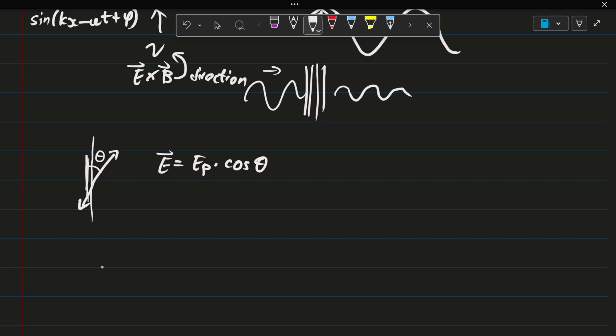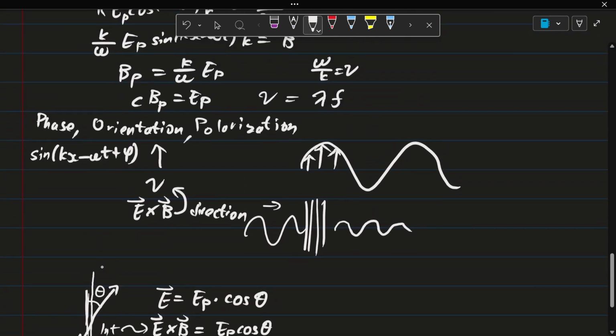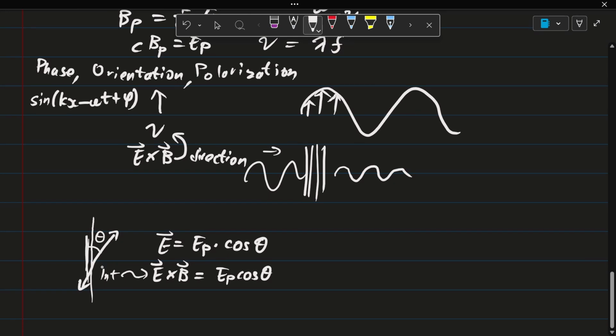Later I will discuss the power of the wave, but I will just present this straight on. If you take the E vector cross B vector, which is proportional to the intensity, from our peaks first, this will be E_P cosine theta. That's from our electric field, and then cross the B vector, whose relation with the electric field is B equals E over c.